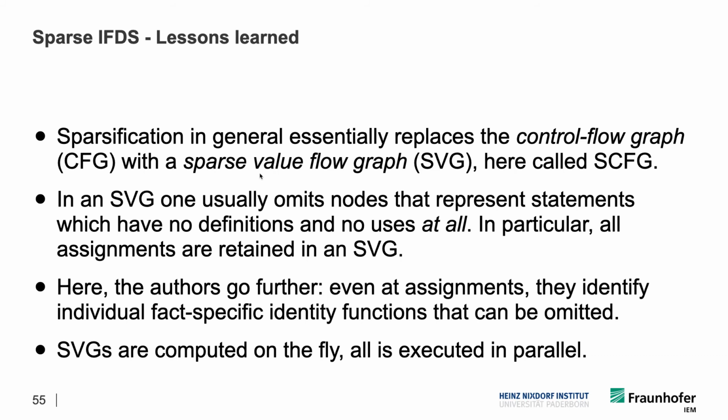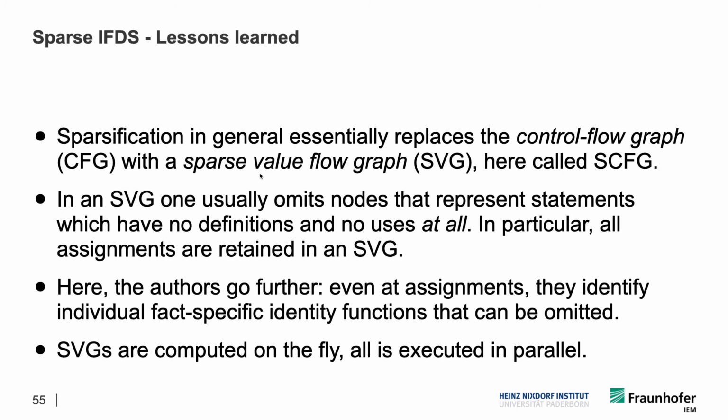That also means you then typically have one sparse value flow graph per procedure, right? And that means you can also then create one sparse value flow graph for the entire program by combining these individual per-method value flow graphs.